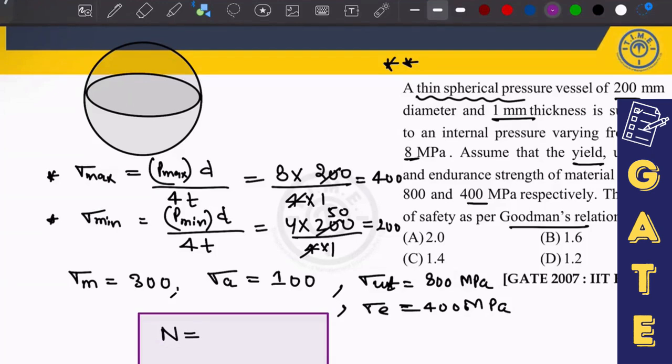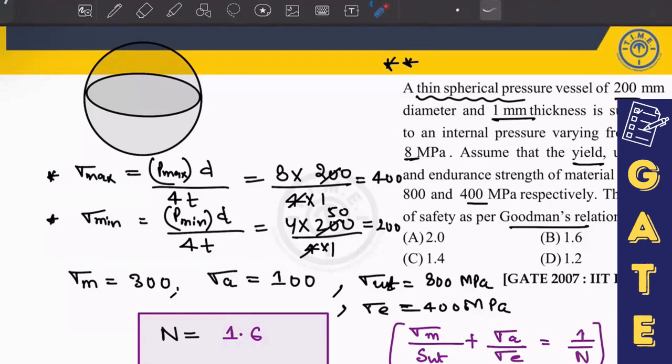Option B is the correct answer. Okay, so n value you will get as 1.6. How you will solve? The mean stress divided by ultimate tensile strength, plus variable divided by endurance strength, is equal to 1 by n. Okay, so all these values you have calculated, just put here, you will get the answer as 1.6.